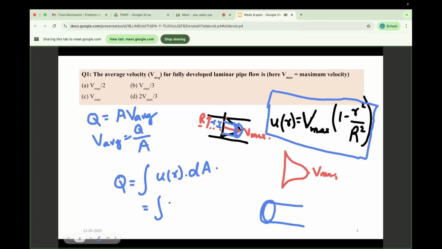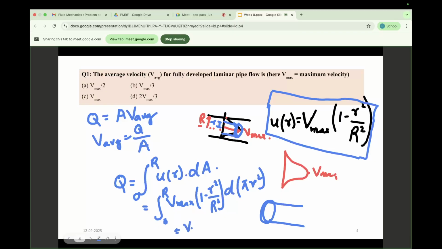So correspondingly, in place of u r I can write Vmax into 1 minus r square by R square, and in place of A I can write pi r square, right? So what is the minimum value of r? That is the center, which is 0. What is the maximum value of r? It is capital R.